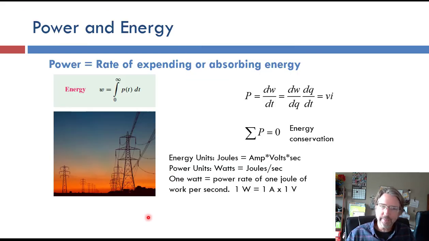All right, so the next definitions here are power and energy. And hopefully you've seen these before in your physics class too. Energy, W for energy, is the integral of power with respect to time, which means power is the derivative of energy. The rate of expending or absorbing energy is power.